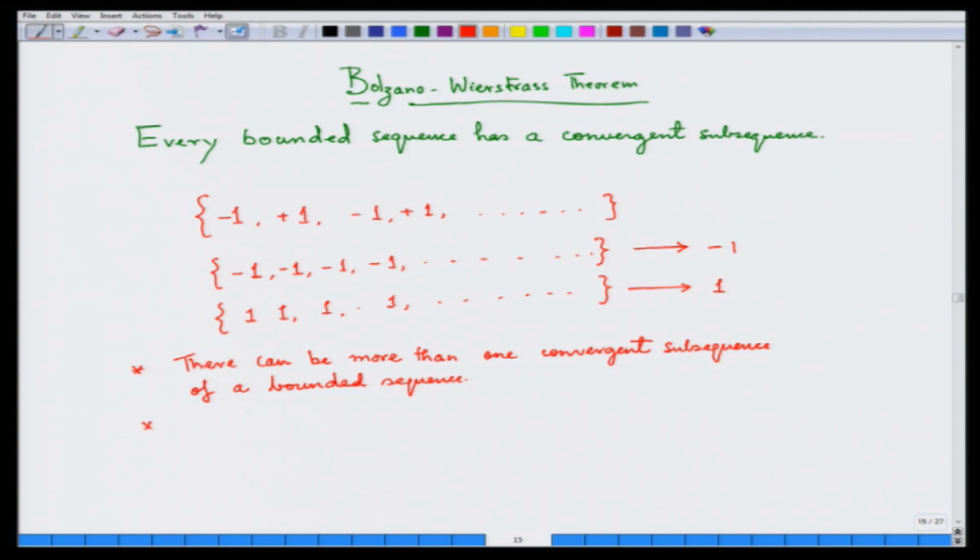If all convergent subsequences go to the same limit, then the sequence itself is convergent.